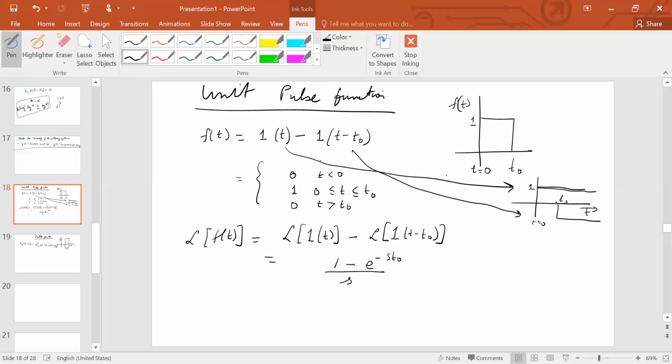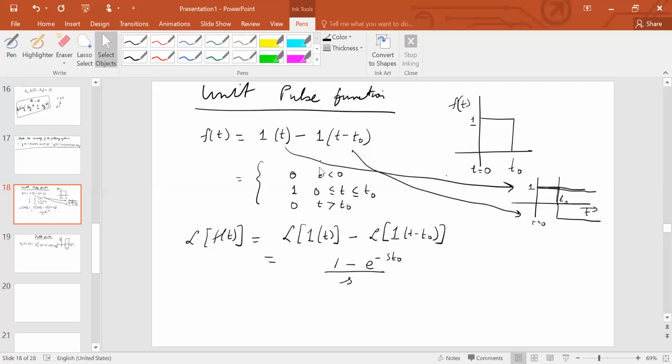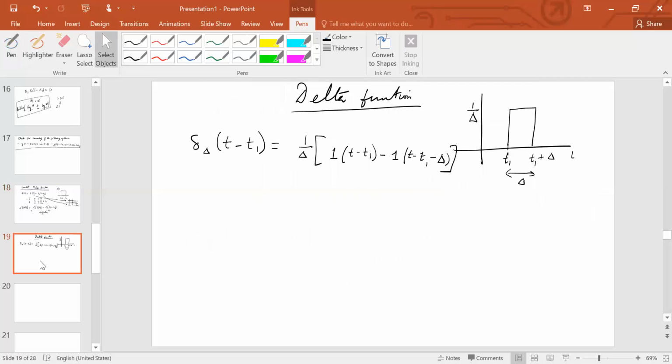Therefore, the sum of the two is the resultant, that is this. By the same token, we are describing this particular delta function in this fashion. Again, you can describe it in the conventional notation like this, but if you're interested, I'm leaving that as an exercise to you.